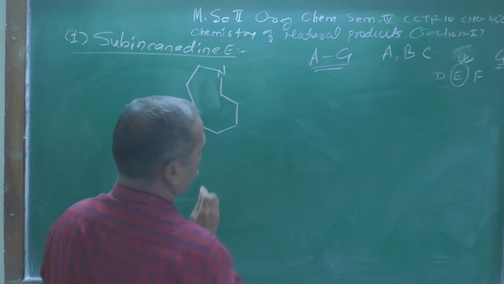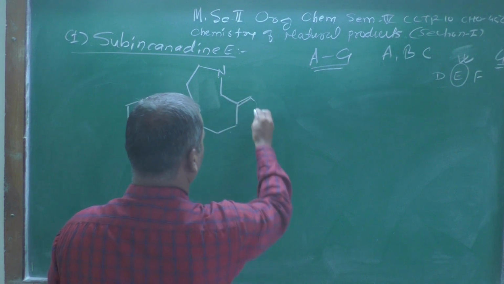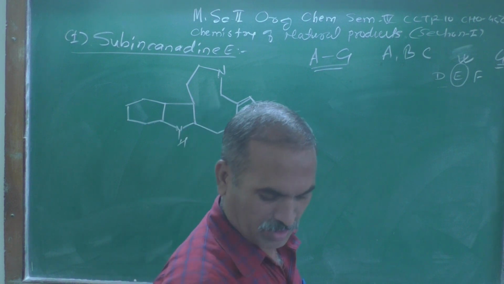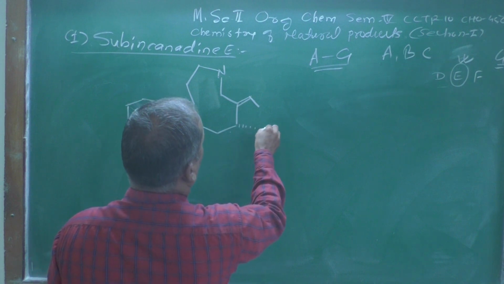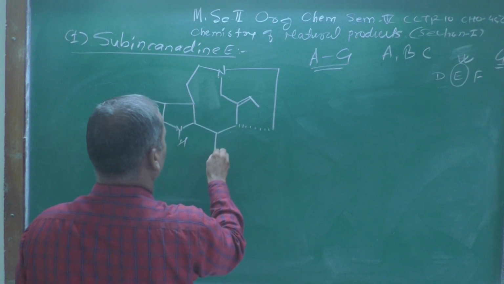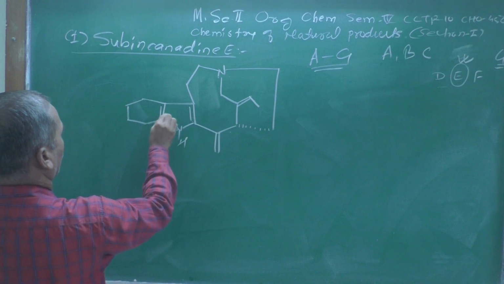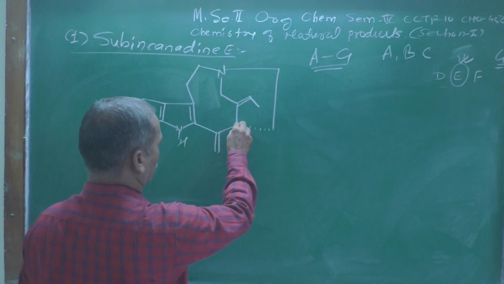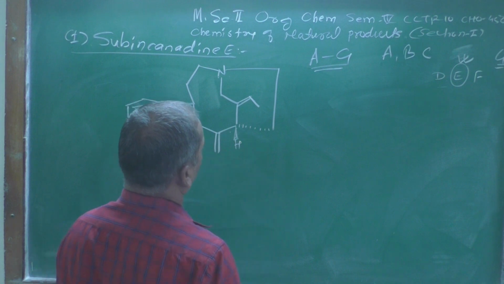Now there will be a double bond here, a double bond here, and this should be below the plane. So a 6 membered ring, here should be a double bond, and here this moiety remains as it is. The indole moiety remains as it is. It is a chiral center, and this hydrogen atom should be above the plane.